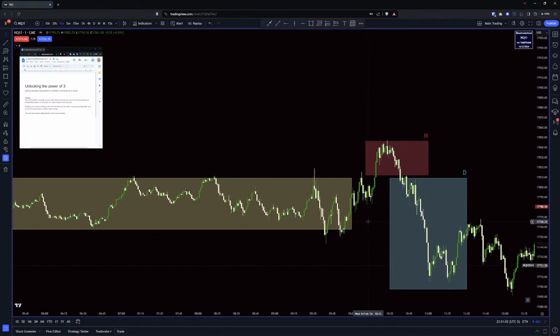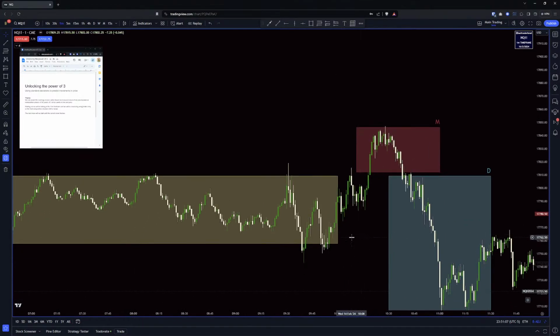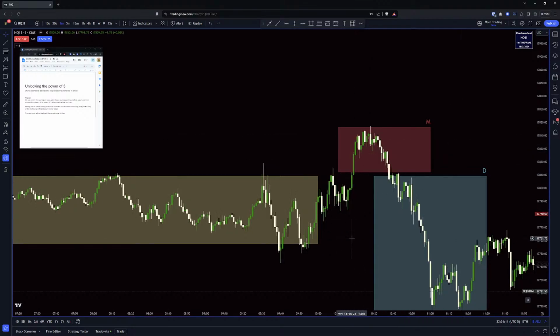That's a little tricky. But let's see if we can use that to try to predict the manipulation move. And maybe we say you could say that this is still part of the accumulation until this actual break.